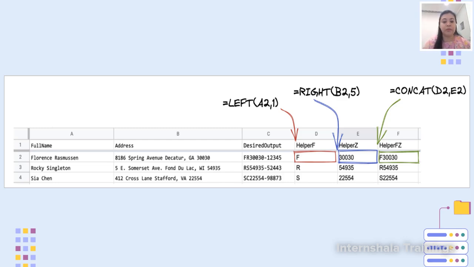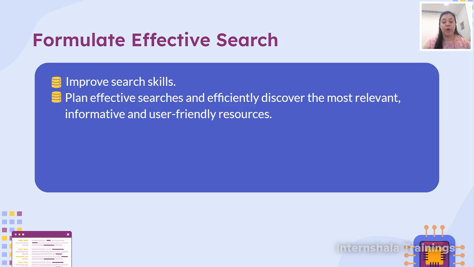Now, how to formulate this effective search? This particular thing I've done in Excel, and what are the other best ways to do this particular solution? So I'll improve my search skills for that. I'll go for a deeper understanding of this particular tool and see what is the best solution to get this desired output.